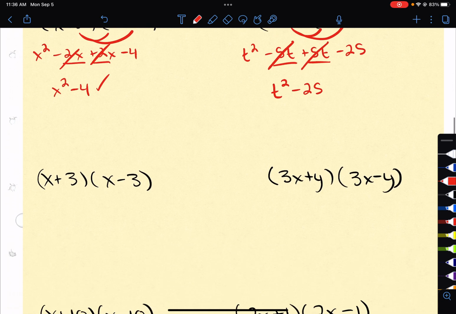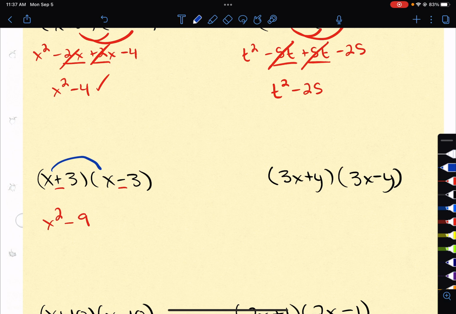So on the next one, if you're starting to see the shortcut, the positive and the negative make those middle ones cancel, and all you're left with is x squared, and then the 3 squared, but it's a minus 3 squared. So you're going to end up with x squared minus 9. If you're not seeing the shortcut yet, that's okay.